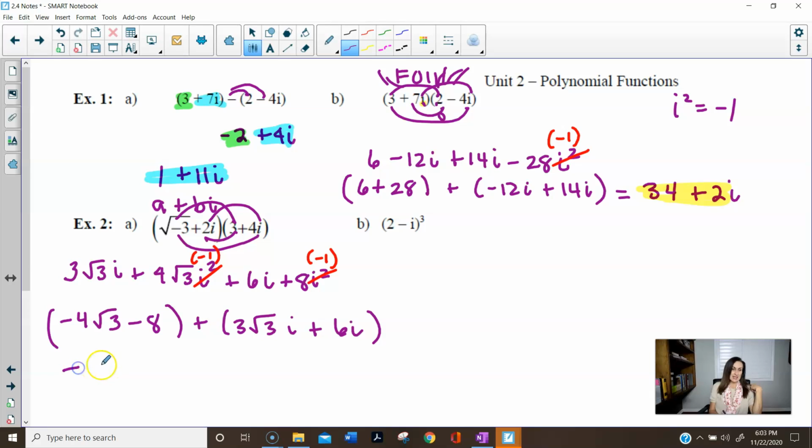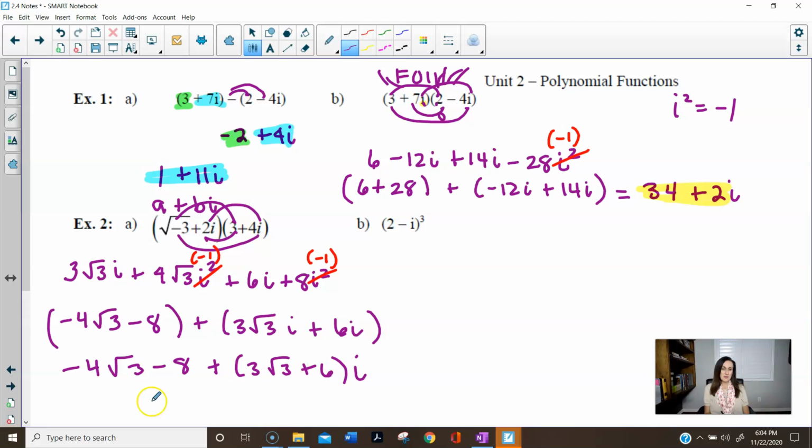So the a is going to be -4√3 subtract 8 plus, and then you've got 3√3 plus 6i. And you can just pull that I out behind. And that's in the form. Here's your a plus bi.